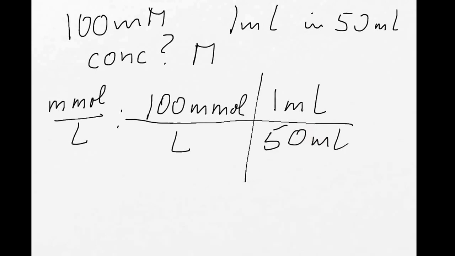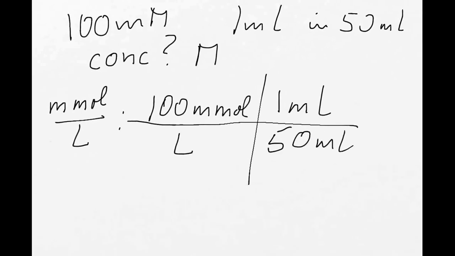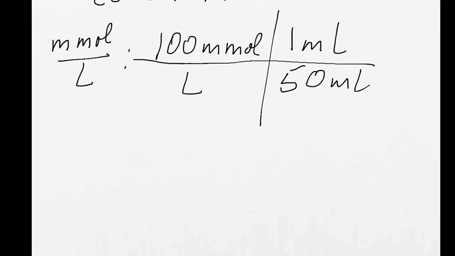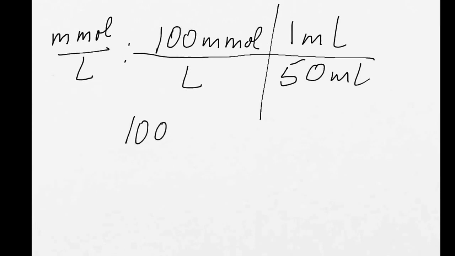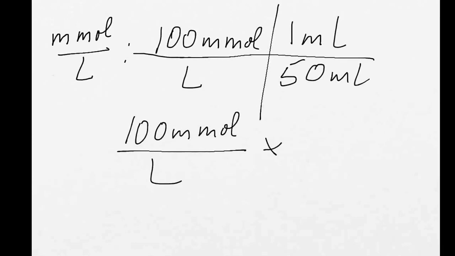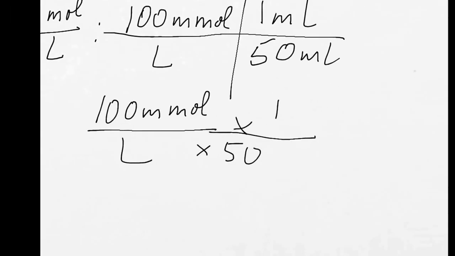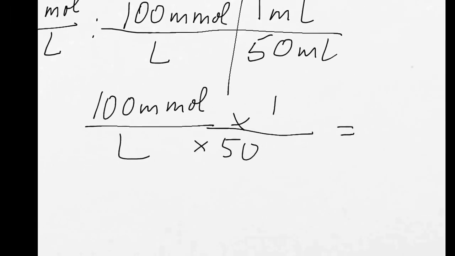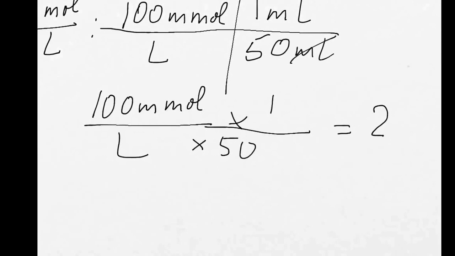Now let's see what this turns out to be. We have 100 millimole per liter times 1 divided by 50. So 100 divided by 50 is 2, the milliliters cancel out.